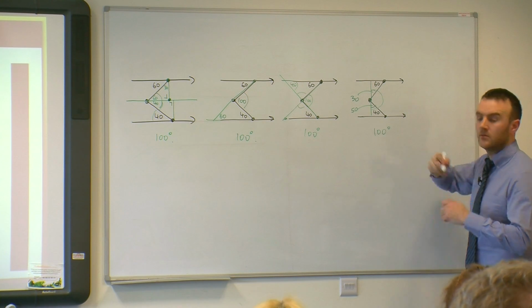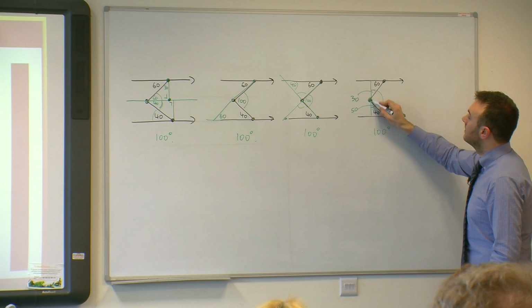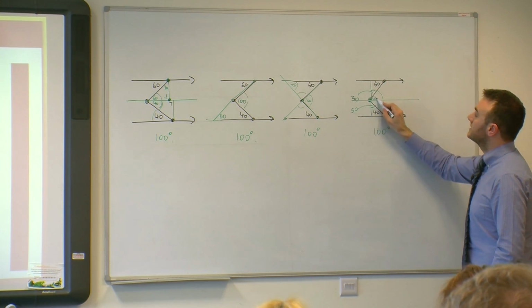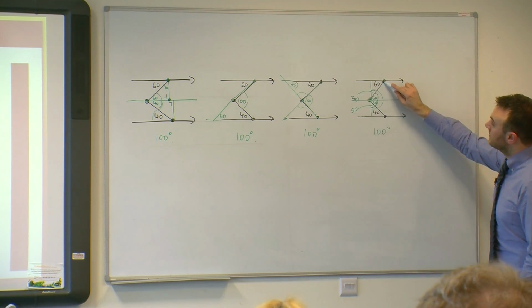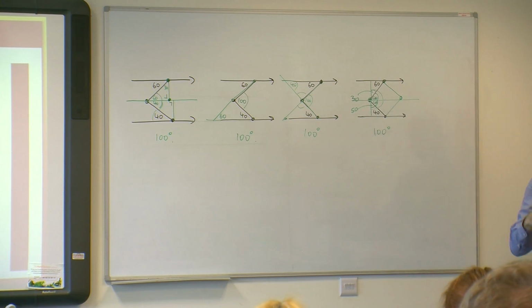Parallel line through the point, and then you just have two alternate angles. Oh, you just go that 60 directly. Yeah. And that's 40. Some people built a parallelogram with this and use the fact that opposite angles are equal in a parallelogram to do it that way as well.